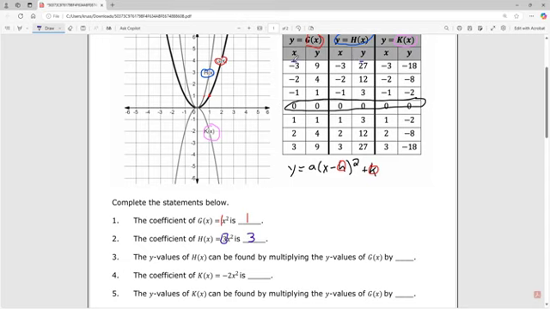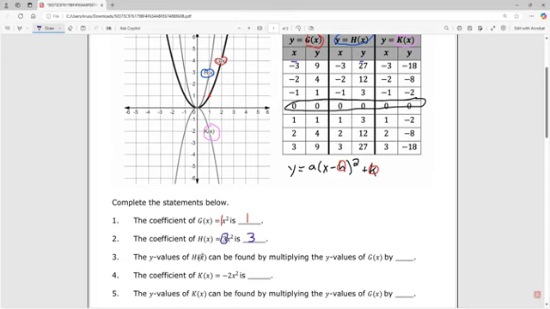Well, it's 27 divided by 9 is 3, and then we have 12 divided by 4 is 3, and 3 divided by 1 is 3. All right, so every time, because of this x squared, it goes 3, 6, 9. So it's adding 3 each time.